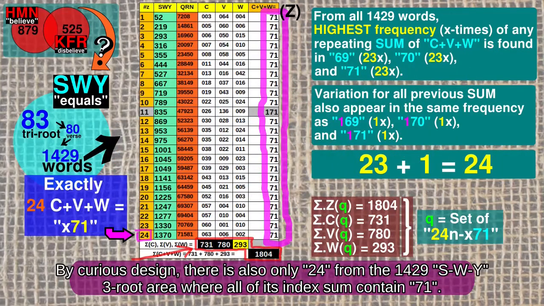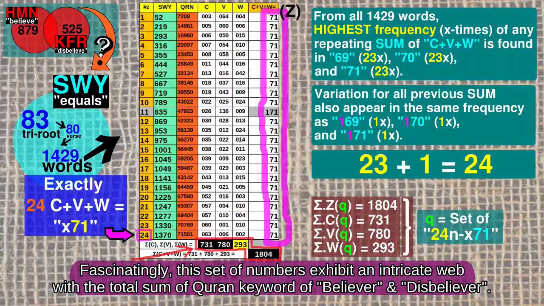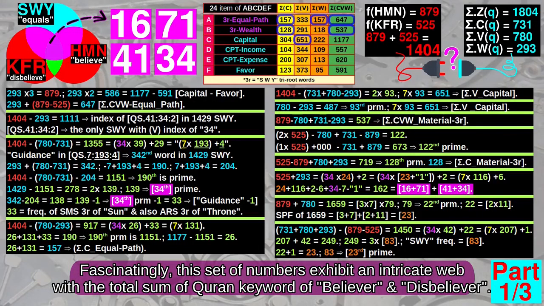By curious design, there is also only 24 from the 1429 SWY3 root area, where all of its index sum contain 71. Fascinatingly, this set of numbers exhibits an intricate web with the total sum of Quran keywords of believer and disbeliever.